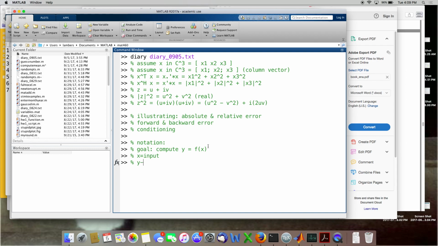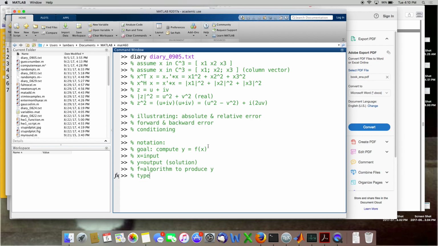Y is our output, and therefore like the solution. You can think of it as an algorithm to produce y. I mean, you can think of it as an ordinary function, and that's what we're doing in some of the examples that I have. But it's meant more broadly than that. It's not your typical garden variety y equals f of x that you get in your garden variety math course, because this is anything but.